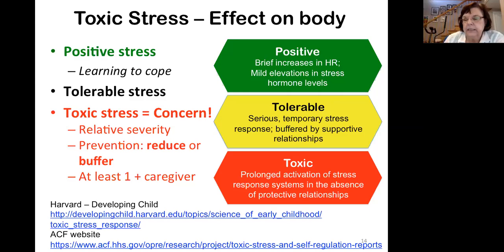So toxic stress is another element as a result of all those ACEs that has helped us reformulate how we look at these events that happen in children's lives. And so positive stress, we all need a little bit of stress to learn to cope. But if it's brief, increases in your heart rate, mild elevations in stress hormone levels, that can usually be positive. You get over it, you learn, you go, wow, I did that, no big deal. Now, tolerable stress might be a little more serious, but it will be buffered by having supportive relationships.